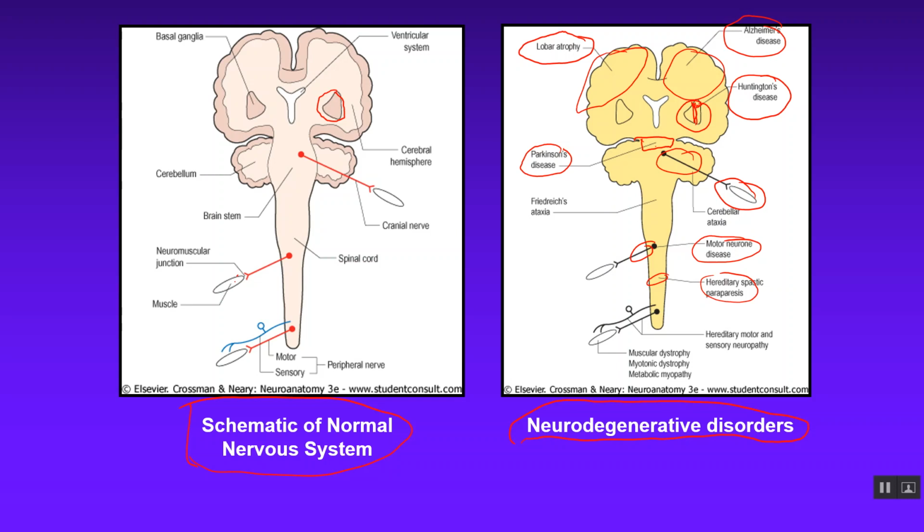That's one of the schematics you'll see consistently in that Crossman book, and it's a nice way to take a quick look. When you get to the vascular system, they'll have a schematic for stroke, and it might show where a middle cerebral artery stroke is, or an aneurysm, and point out the most common region of the nervous system involved, and those kinds of things.